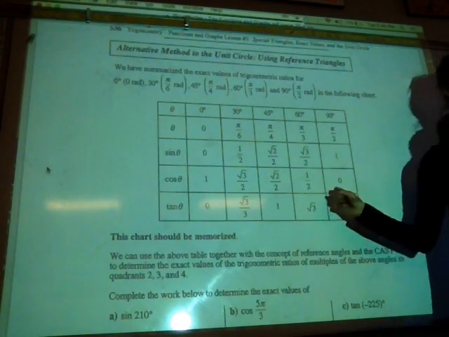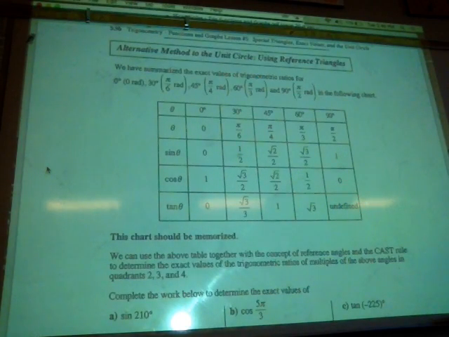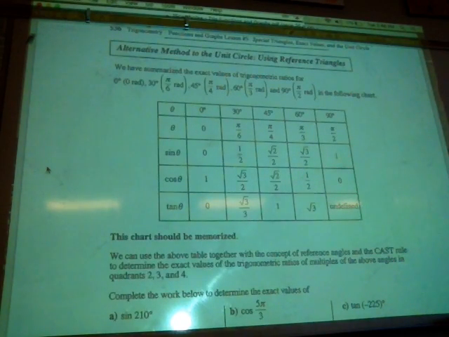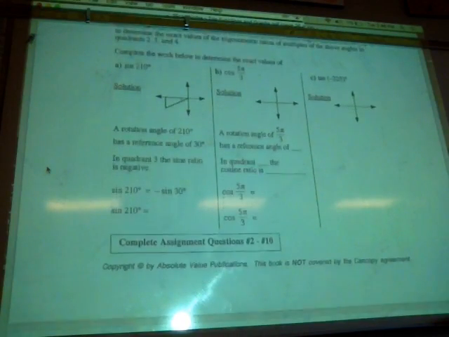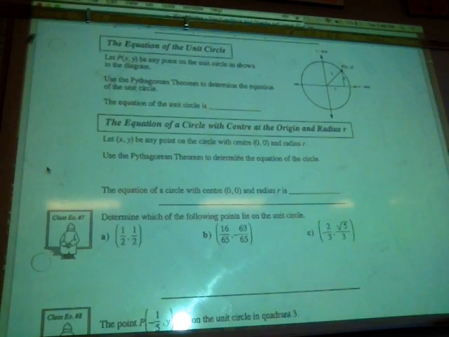Do you need to memorize this chart? No, but you do need to memorize those 3 special triangles, because you can construct these ratios as long as you know the special triangles. Okay, so we can just skip forward. We've already done these kind of questions, and we're going to explore the equation of the unit circle.